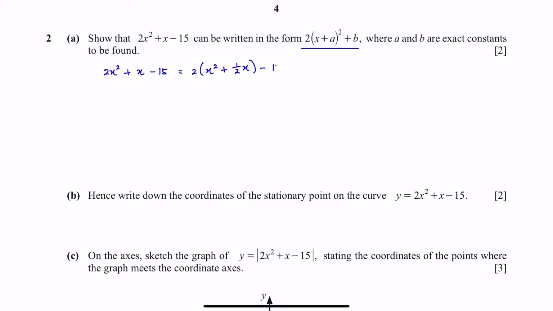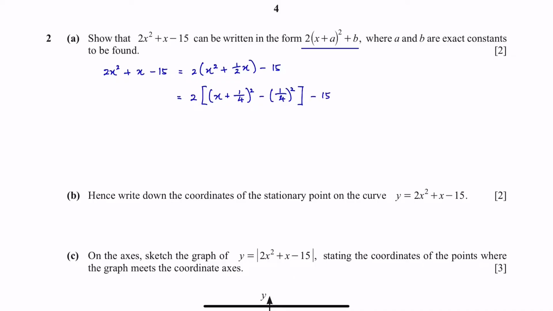And when I factorize the 2 out, I don't have to factorize for -15 because that's not necessary. I'll show you later. So 2 times x plus 1 over 4, which is 1 over 2 divided by 2, and minus 1 over 4 squared is gotten from the previous one here.